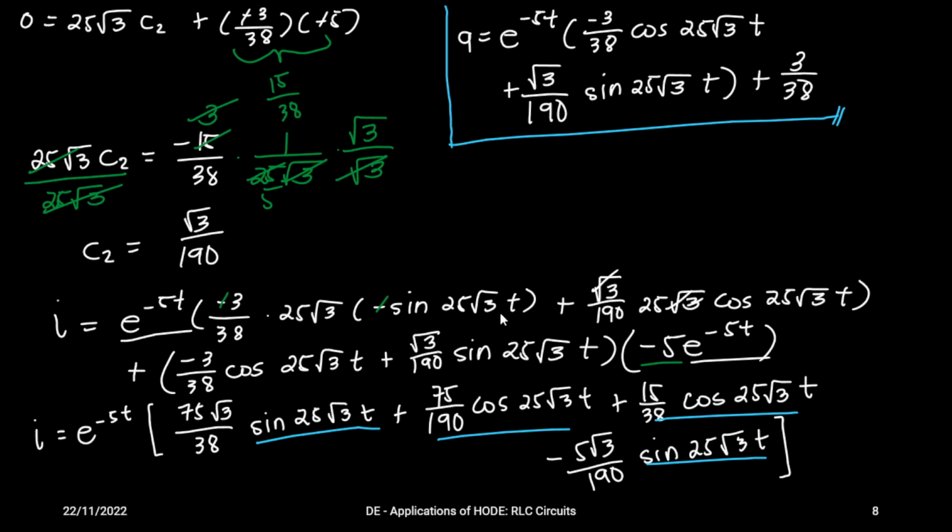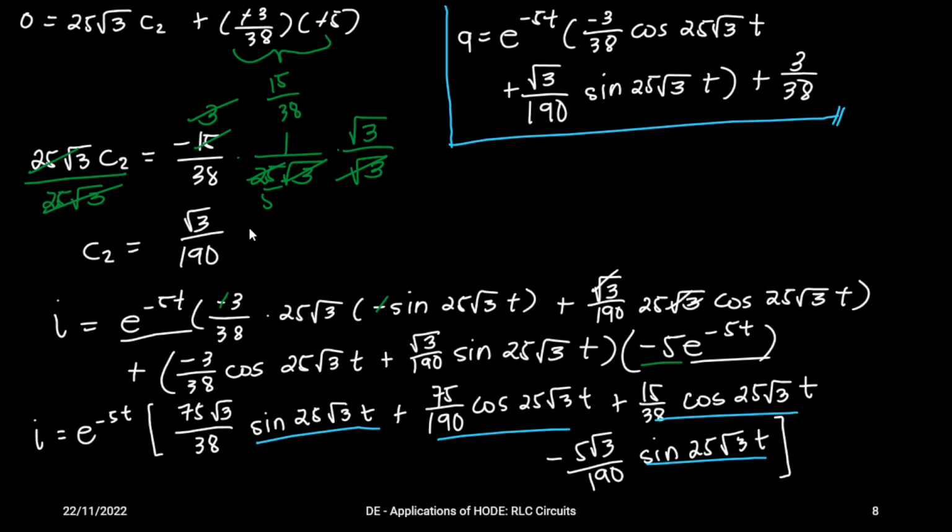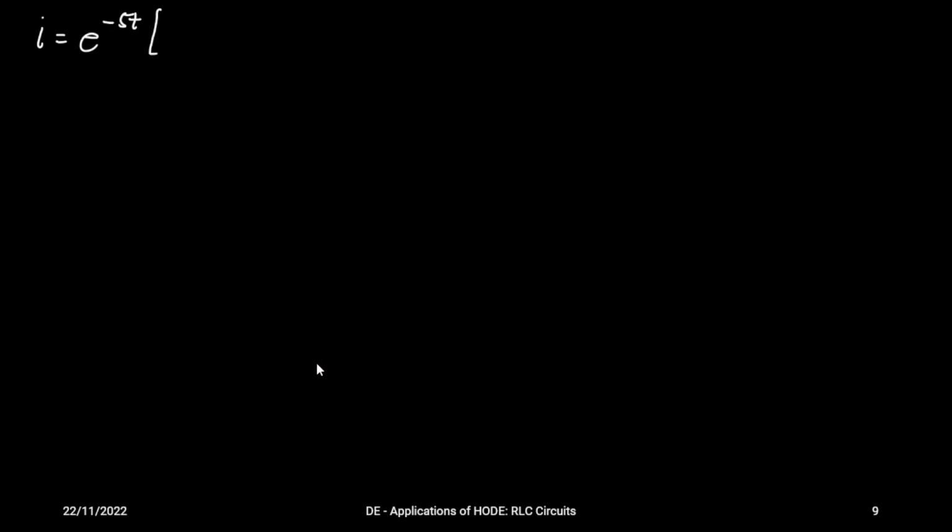So, yeah, medyo mahaba na talaga yung ating solution. So, we have I is equivalent to e raised to negative 5t, multiplied to, unahin natin yung sign. So, we have 75 square root of 3 over 38.